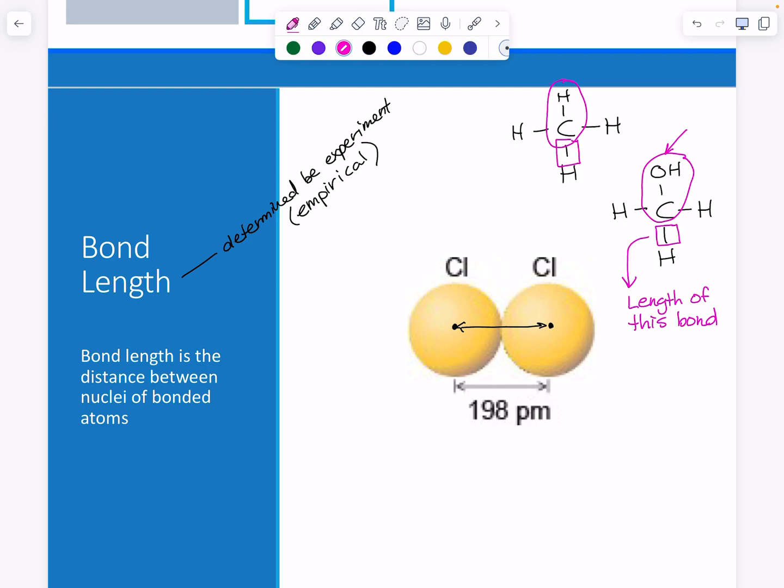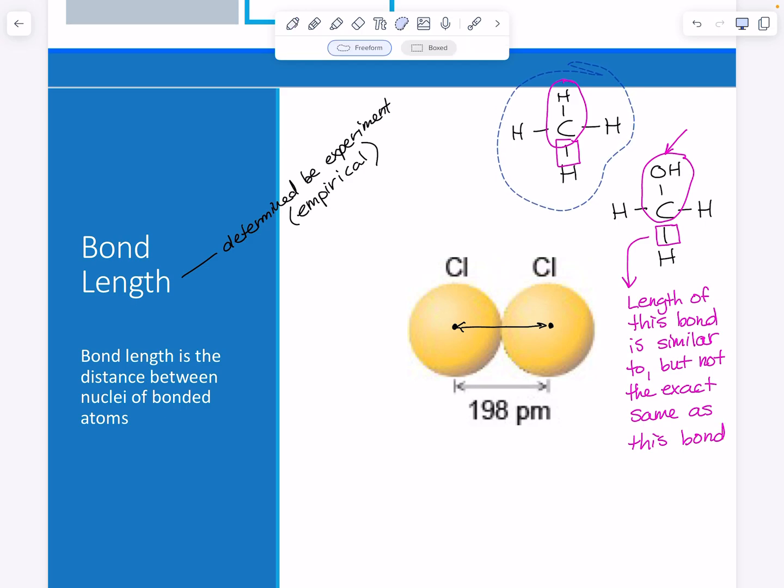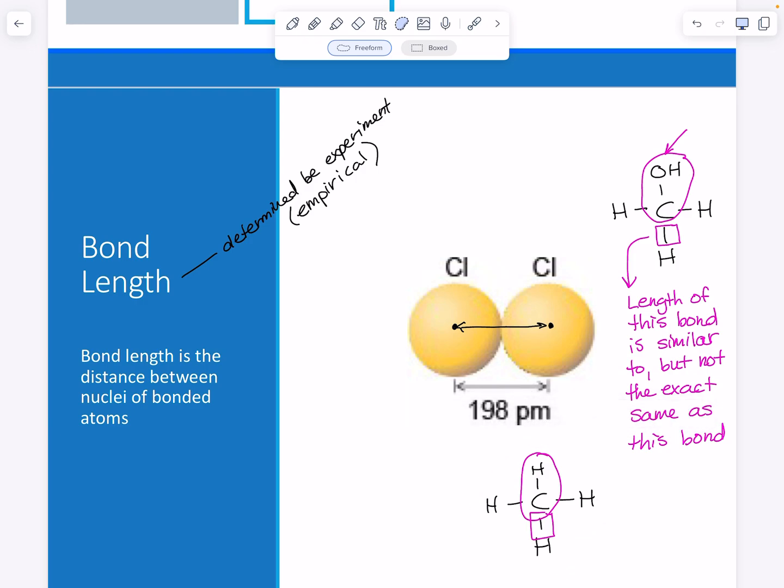So the length of this bond is similar to, but not the exact same as, this bond. I'm going to move this molecule here to make it easier to compare. So I'm just going to say context matters here.